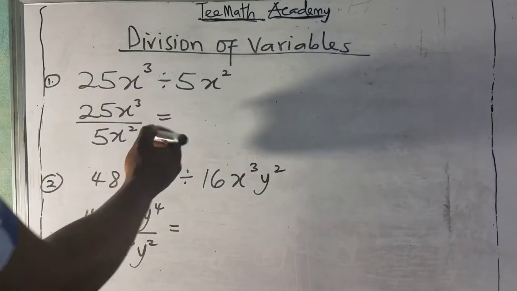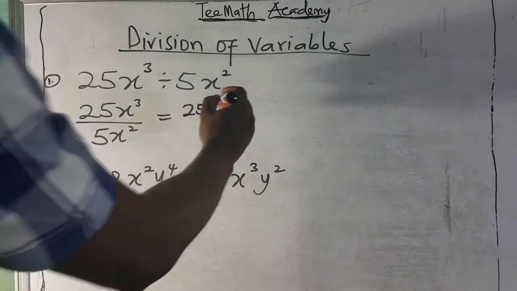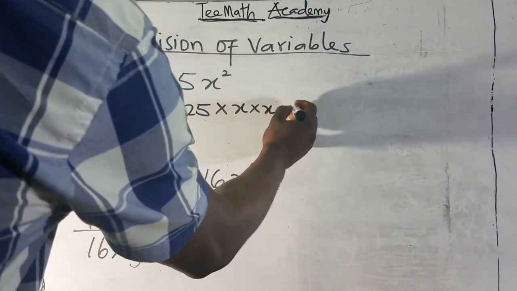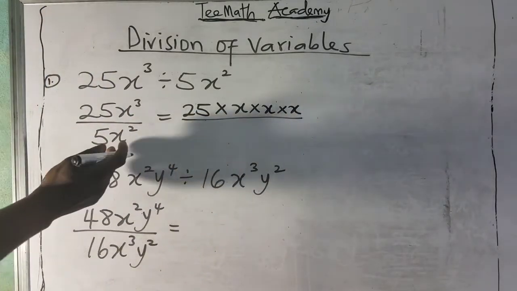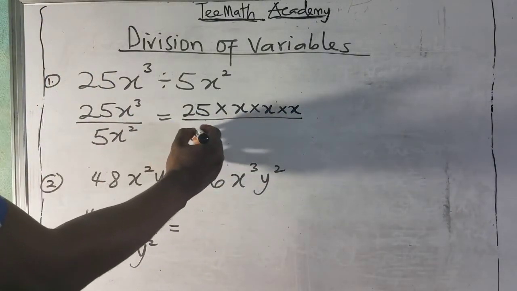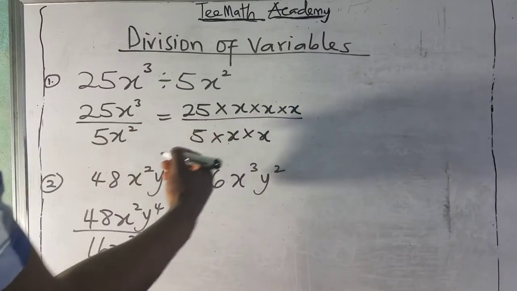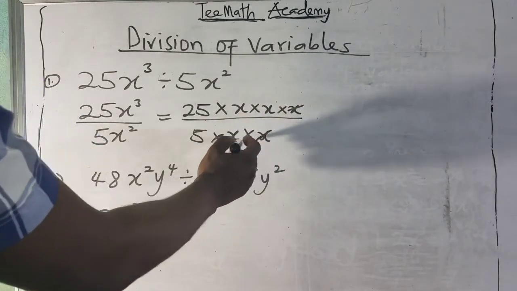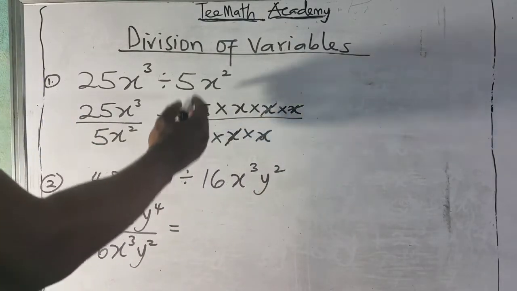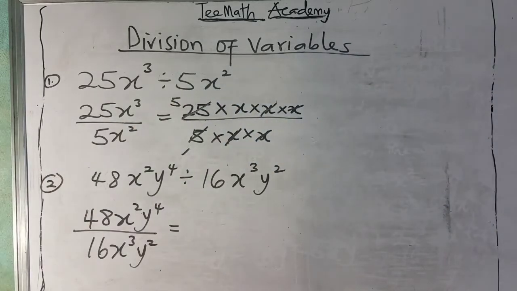Here I can split it: 25 times s three times, that is s times s times s, over 5 times s two times. So the letters can cancel each other: s cancels s, s cancels s, and number cancels number. 5 in 25 is 5 times; if you divide 25 by 5, you have 5.